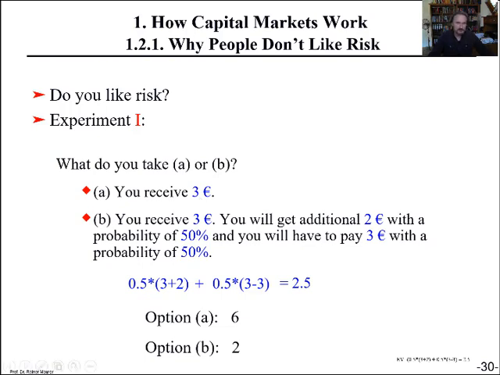However, there is a 50% probability that option B provides a higher payment than €3. If the fortunate variant realizes, you will receive a payment of €5. So, if you are a little bit more risk tolerant, you might therefore prefer option B.